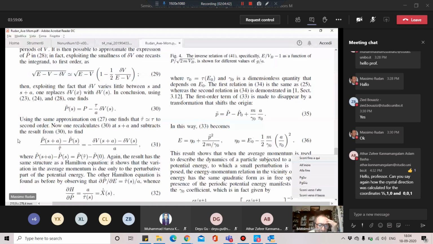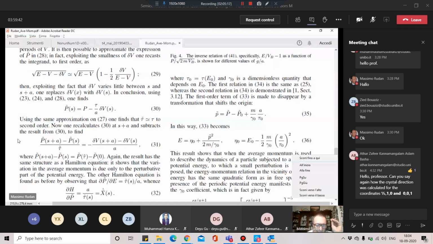It tells you that in this type of approximation, in which the external force is much weaker than the periodic force, and also the external force changes little over a period, okay, you can eventually find that the change in the average momentum is due only to the external perturbation delta V. The change in momentum is the force.